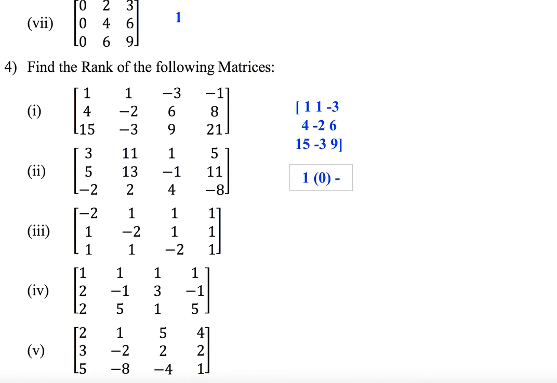Second one, minus 1 into, this is how much? 9 4s are 36. Next one is 90. 15 6s are 90.